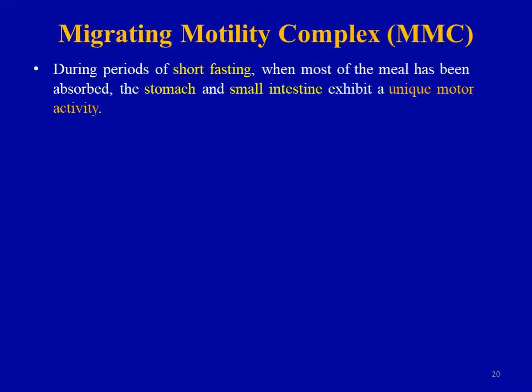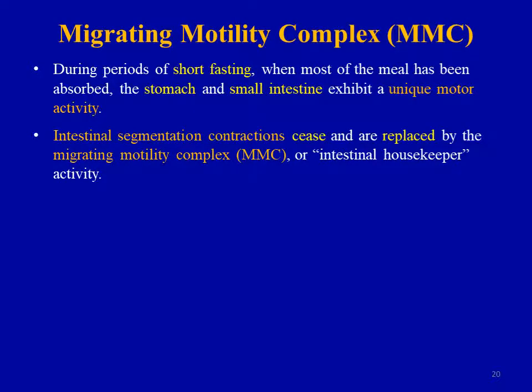Now, the motility pattern that happens during the interdigestive state or the fasting state is called the migrating or migratory motility complex. During periods of short fasting, when most of the meal has been absorbed, the stomach and small intestine exhibit a unique motor pattern. We already explained that in the previous lecture.